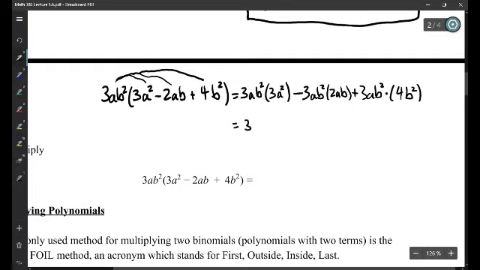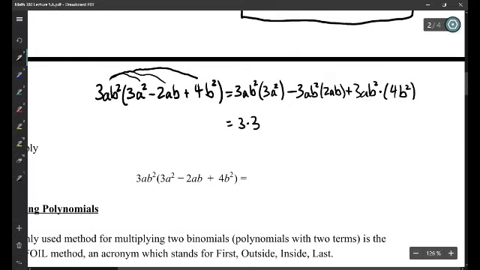So we get 3 times 3 times a squared times b squared, then minus 3 times 2, a times b squared times b, and then 3 times 4 times a times b squared times b squared.